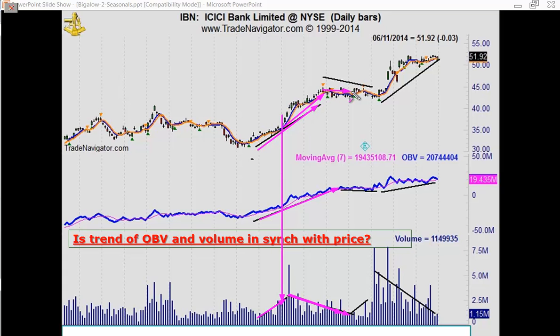We saw mild sideways action here, and all of a sudden the volume started to spike up. Then we saw a nice breakout to the upside, supported with a move in on-balance volume, but overall volume is down. Clearly, the on-balance volume and the volume are not in sync with price.